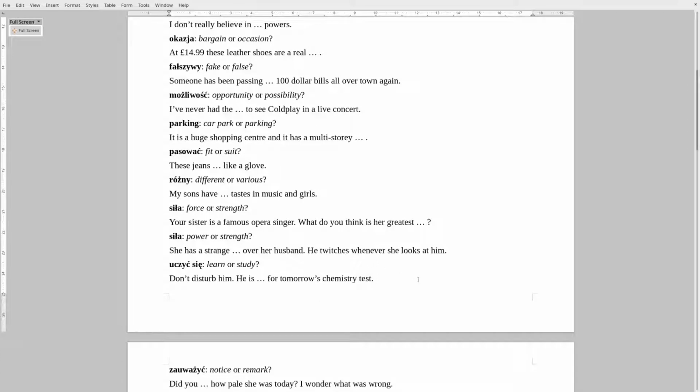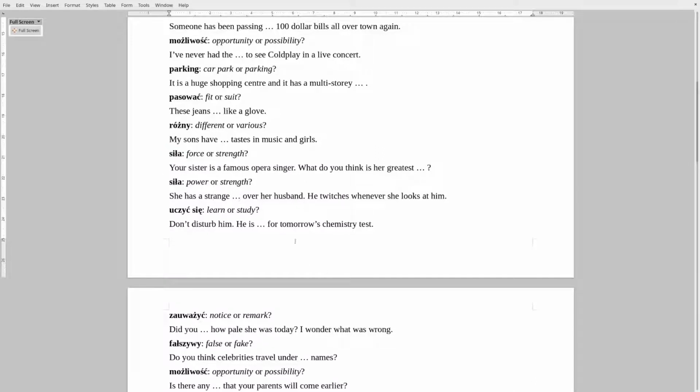Siła, force or strength. Your sister is a famous opera singer. What do you think is her greatest strength? It's like mocna strona, something like that. So siła is perhaps not the best word in this context.